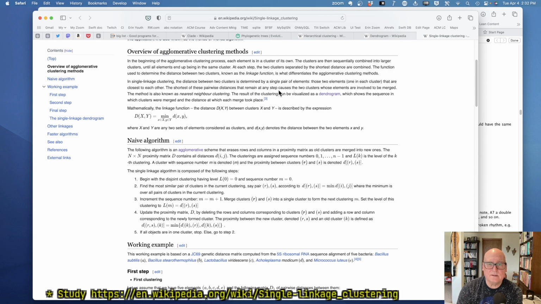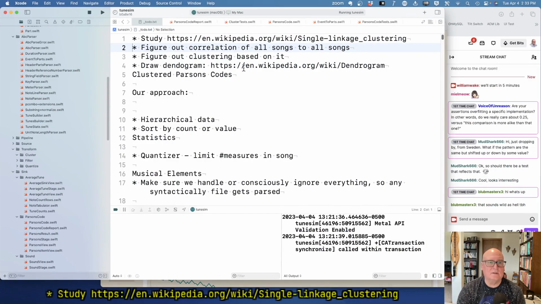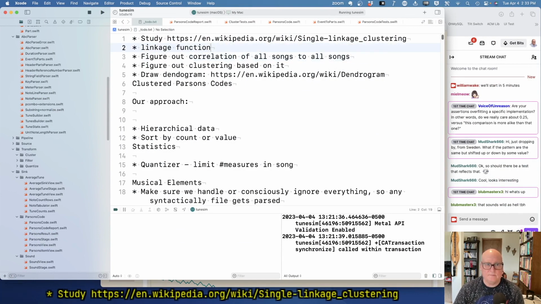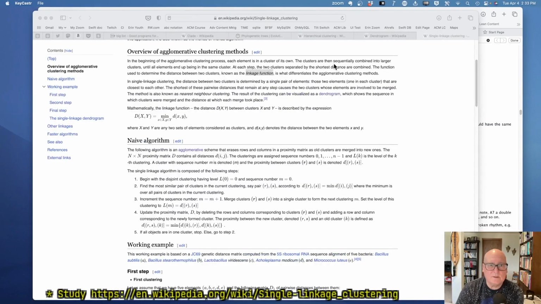Okay, nice. Okay, nearest neighbor. So I'm just going to pull some terms in. A linkage function. Let's see if we can say what that does. Determine distance between two clusters.